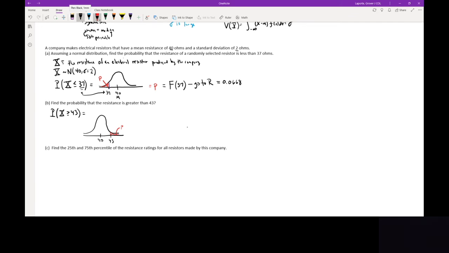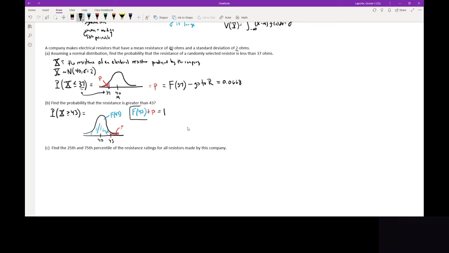So I know that if I took, here, we'll put it in a different color, this probability up to 43, this is equal to F43. And I know that F43 plus P is equal to 1.